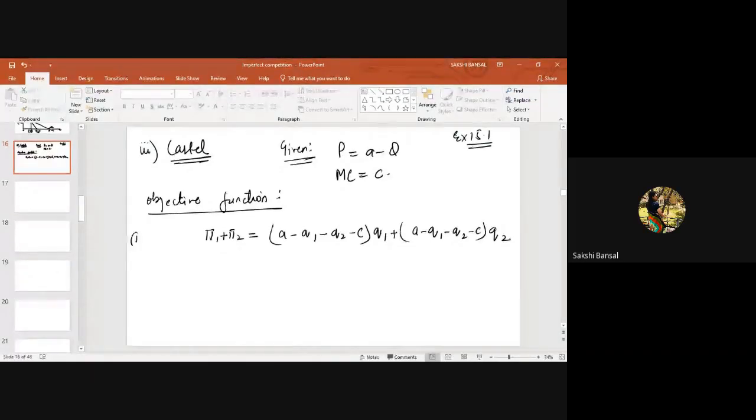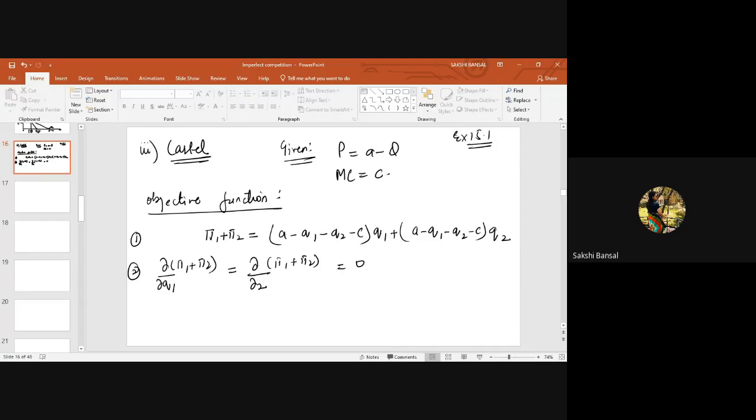This is my first step. My next step: either I differentiate my entire equation by Q1 or by Q2 and equate it to 0.